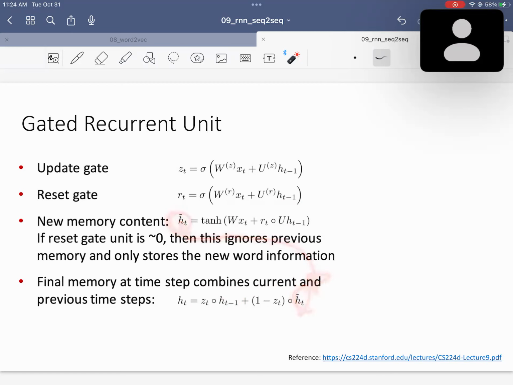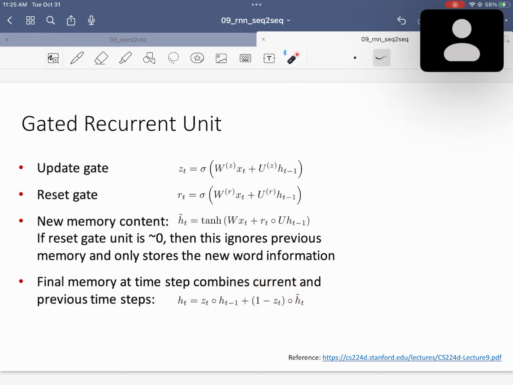If Z_t, the update gate, is 1, then the H tilde term goes away and only h_{t-1} survives, so h_t equals h_{t-1}. It's just a copy-paste from the previous time step.